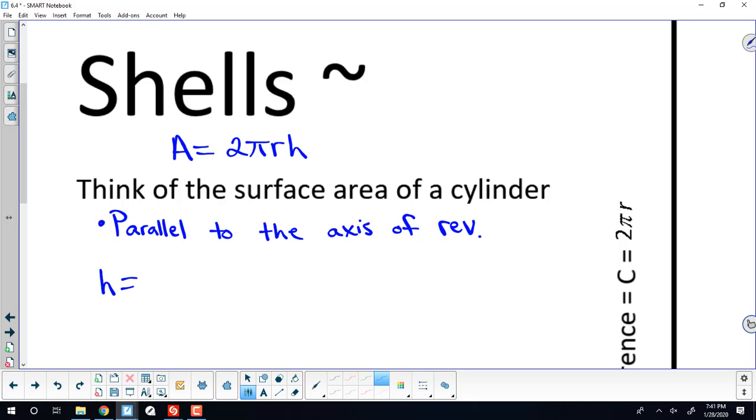We'll say h is equal to the right minus the left, in the sense of dy. You're integrating with respect to y, that's how our heights will be determined, or top minus bottom, in the sense that you're integrating with respect to x.